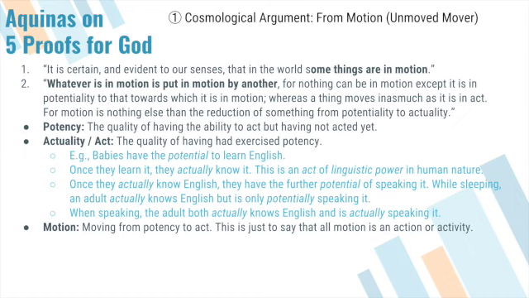When I let it go and it is unsupported in the air, it falls because it is in motion, right? It is exercising the potency by actually falling, and then once it hits the ground, it has reached full actuality, all right? It no longer has potentiality.